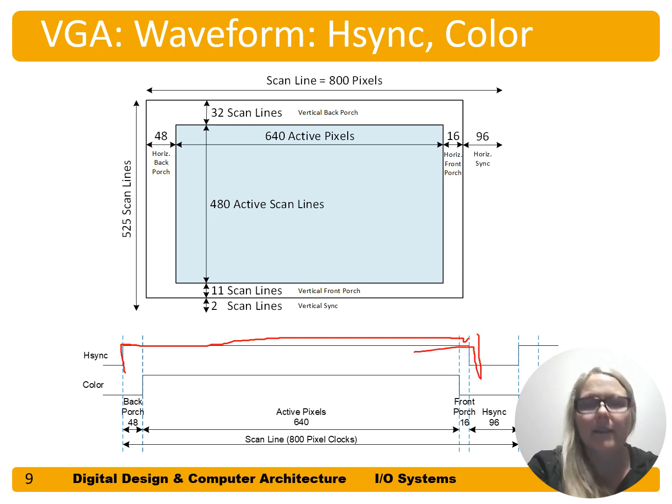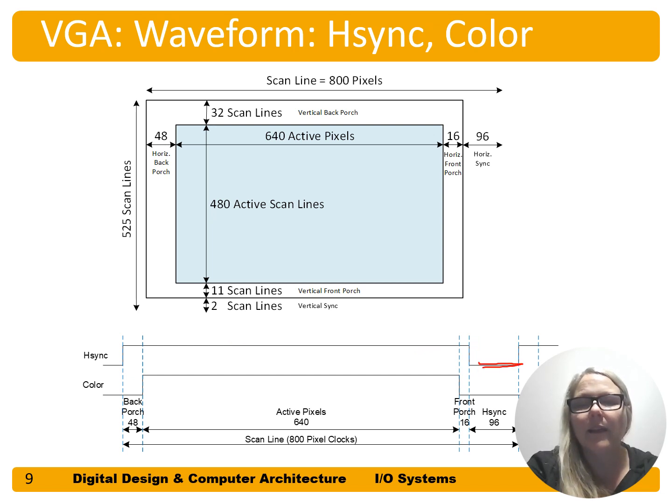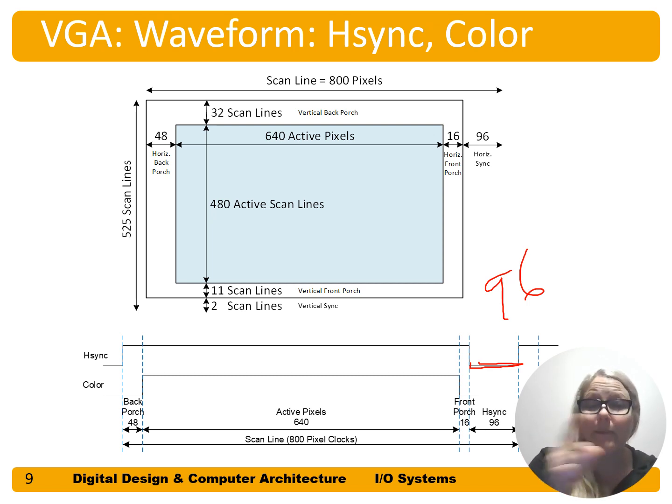So it'll be high. And then the horizontal sync goes low during that 96 pixel clock. So we'll have 96 pixel clocks where it's low to say, hey, we're syncing back originally that electron gun back to the beginning of the next line.